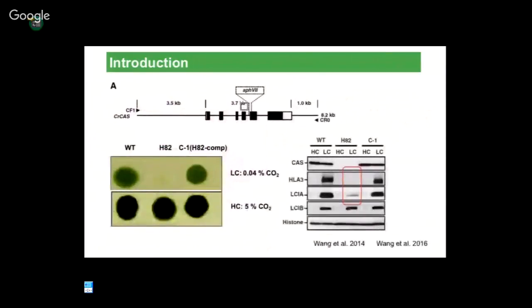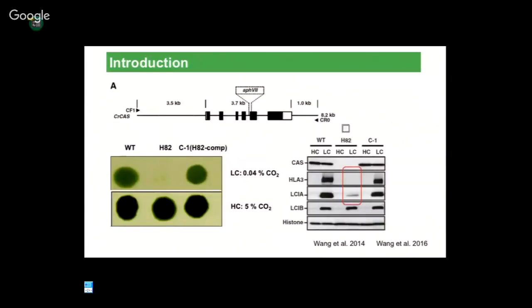Recently, we isolated a novel high CO2 requiring mutant, H82. In H82, the APHVII gene cassette inserted in the gene of calcium binding protein, the CAS gene. Although Chlamydomonas cells of wild type can survive in low CO2 conditions, in H82 cells, the growth rate was decreased in low CO2 conditions, and the complemented strain C1 can survive in low CO2 conditions.